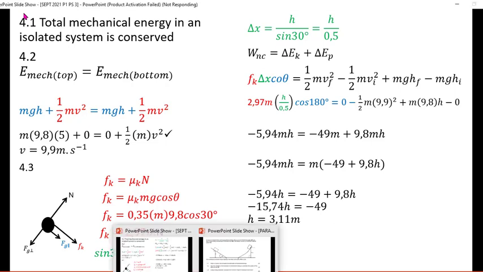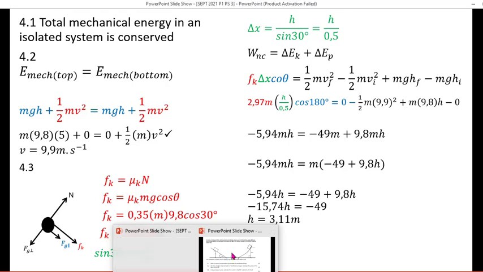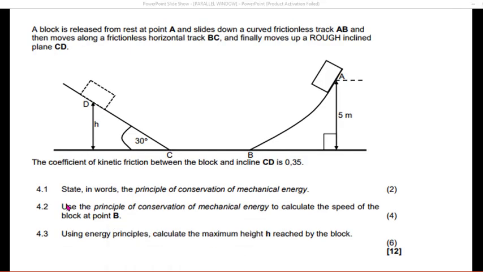Use the principle of conservation of mechanical energy to calculate the speed of the block at point B. So what do we know? We know that at point A, this block is at rest.